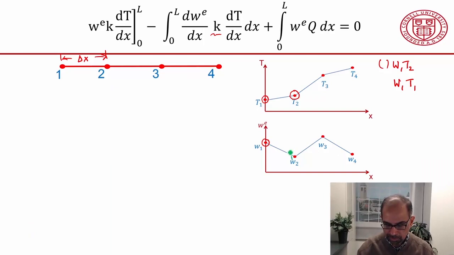When you do the integration over the first element, you will get a term where W2 multiplies T1, and also a term where W2 multiplies T2.